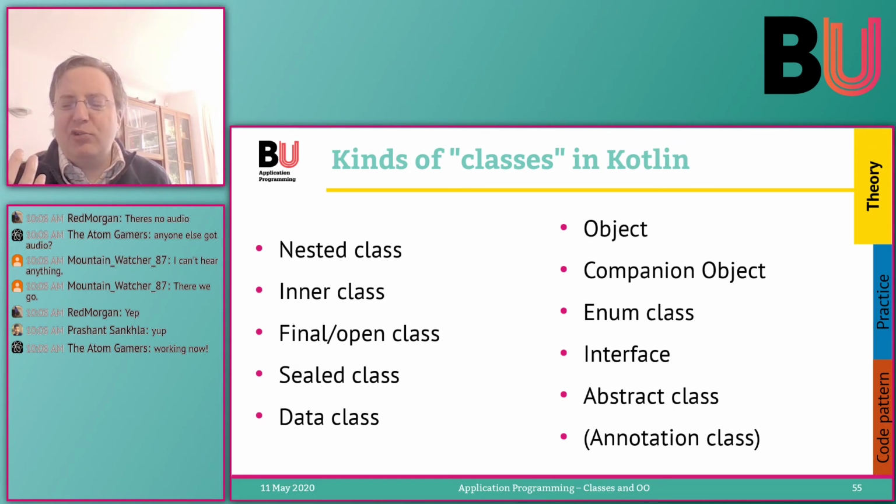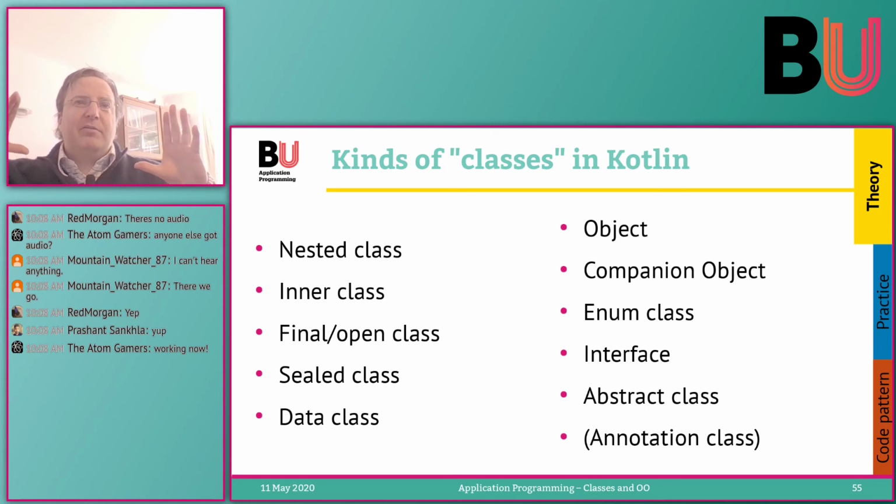And in particular, an interesting concept that Kotlin has is the companion object. Basically it says that for every class, we also have an object that accompanies it. This replaces what in Java is the static members, so static methods or static fields, etc., that act on the class, so to speak.